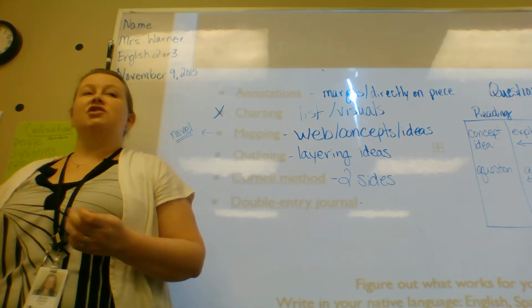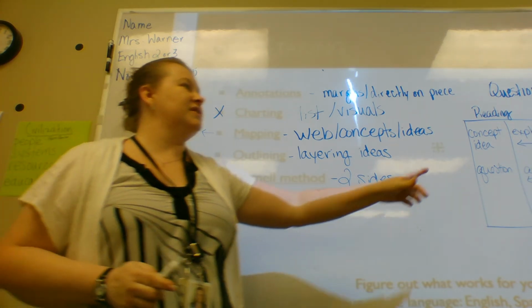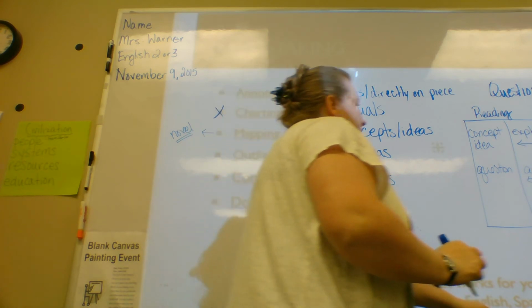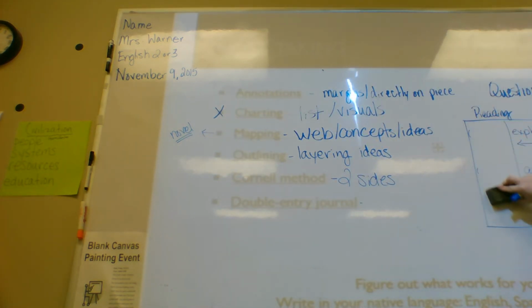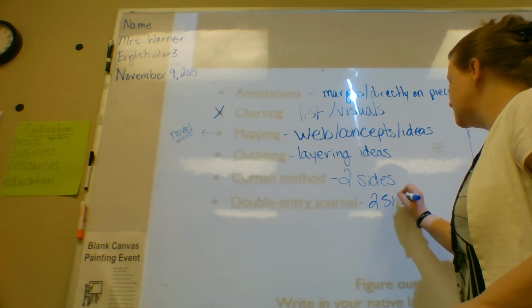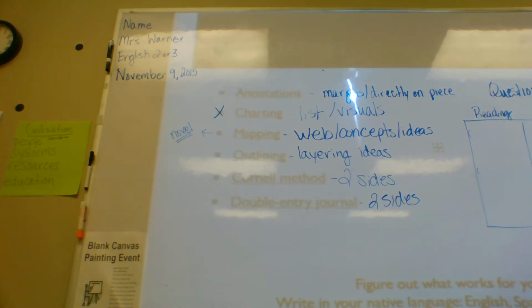Double entry journal. So a double entry journal is very similar to this. You break it up into two even sides. And over here you have one thing, and over here you have something else. So it has two sides.